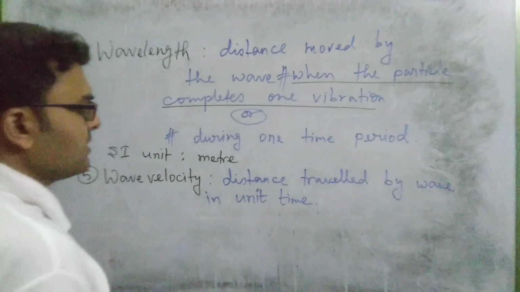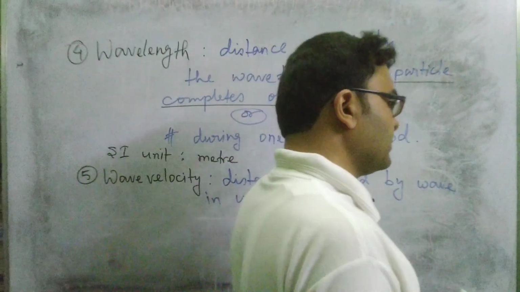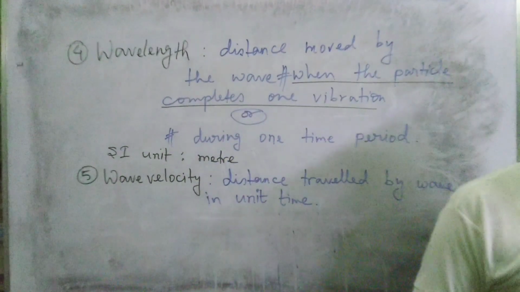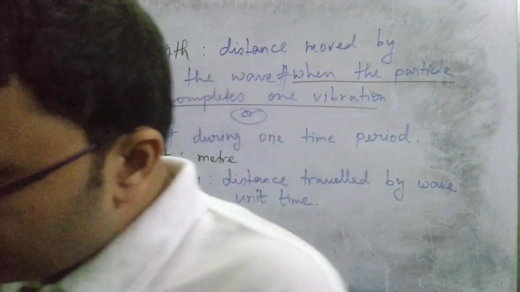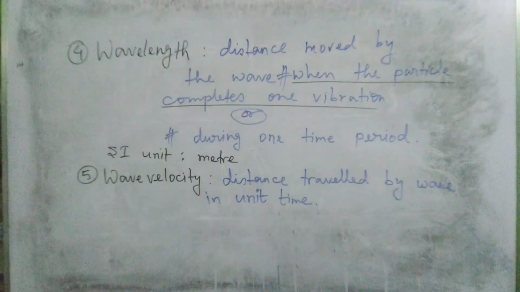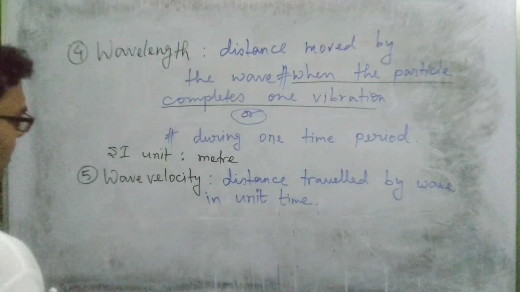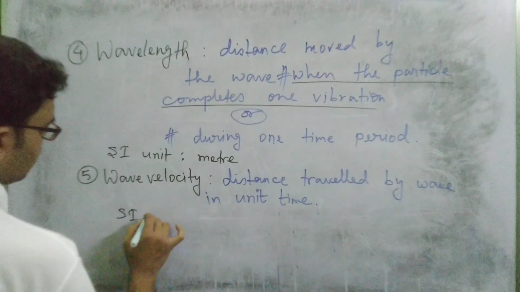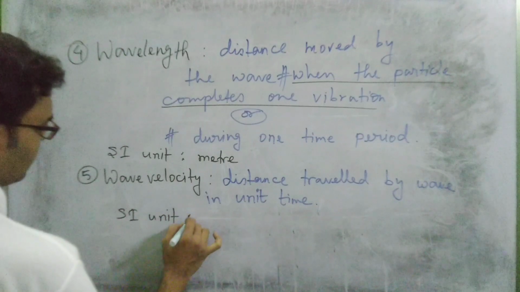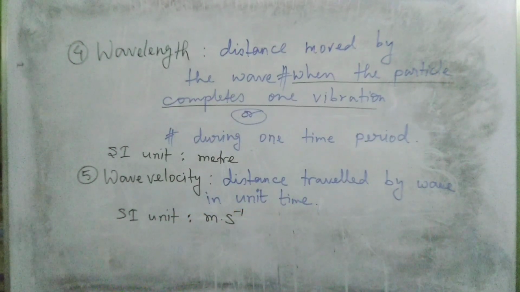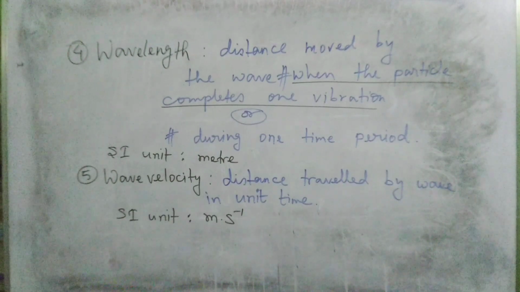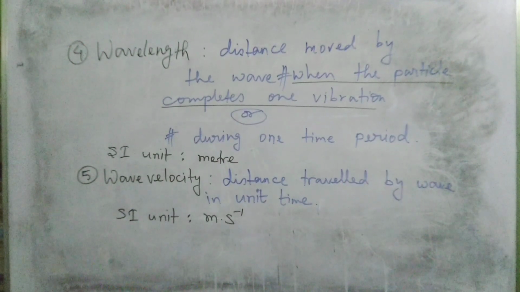So that is what we call wave velocity, the distance traveled by the wave in unit time. So what can be the SI unit? Yes, you know velocity has an SI unit of meter per second. So the SI unit of wave velocity will also be meter per second, m s to the power minus 1, meter second inverse. Okay, so I think wave velocity is clear.